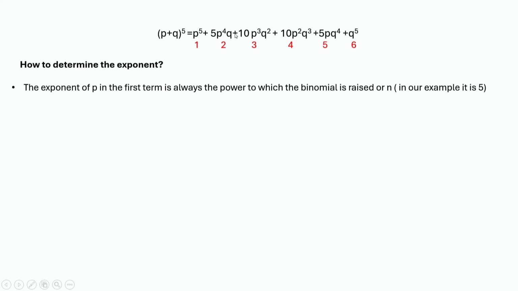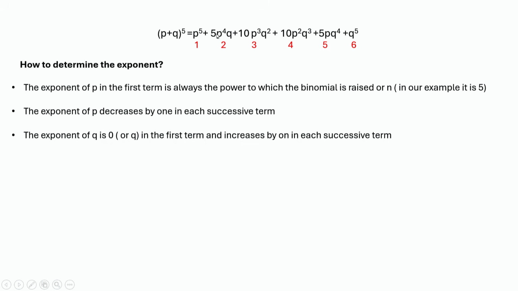To determine our exponent, remember the exponent of P, we will take P first and then we will talk about Q. To have the exponent of P, the first term is always the power to which the binomial is raised. So there are 5 children, so the first power should be P5. Right? And for the next terms, we continuously decrease the power of P. You see P5, P4, P3, P2 and P1.